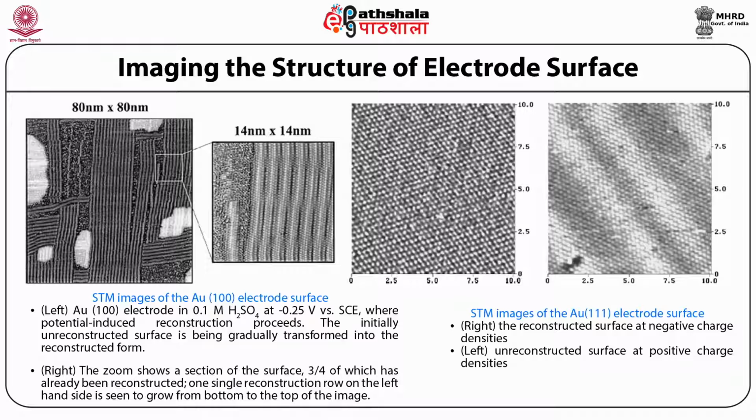The initially unreconstructed surface is being gradually transformed into the reconstructed form. On the right side, the picture deals with the zoom that shows a section of the surface, three quarters of which has already been reconstructed. One single reconstruction on the left hand side is seen to grow from the bottom to the top of the image.